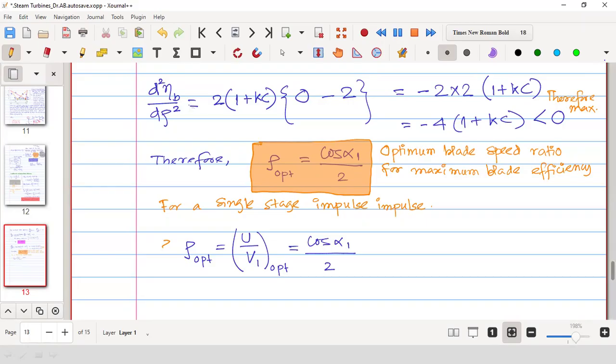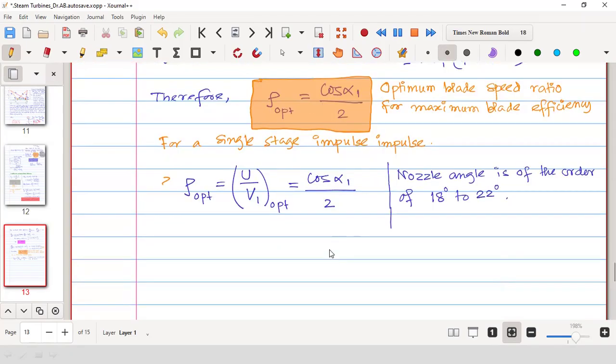Okay. Now one thing I will tell here, that the nozzle angle is of the order of 18 to 22 degrees.